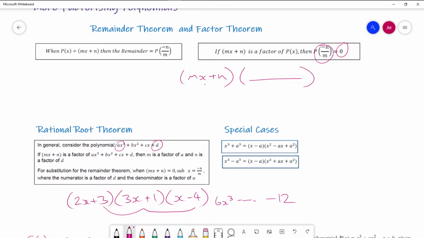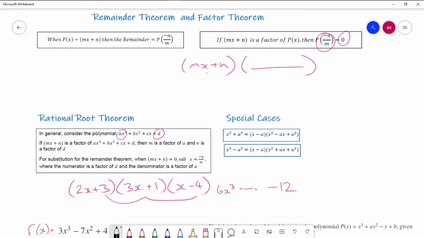So when we substitute in the factor, for the factor or remainder theorem, this first bracket would be substituting in negative 3 on 2. And for this middle bracket, we'd be substituting in negative 1 on 3. You can see that the bottom terms are actually the coefficients of the x terms. So when we expand all out, the denominators are going to be factors of the coefficient of the leading term.